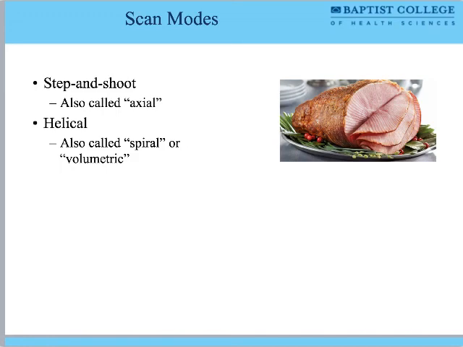I can show the entire heart as a three-dimensional object. I can 3D print it. I can send it to radiation therapy for dosimetry because I have a three-dimensional volume of data. That is the power of helical scanning. So I will use the term helical and volumetric interchangeably because basically volumetric is the power of helical, and it is the way that you start to think about things.